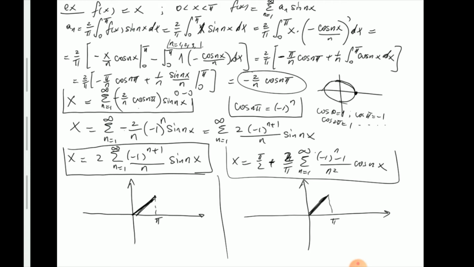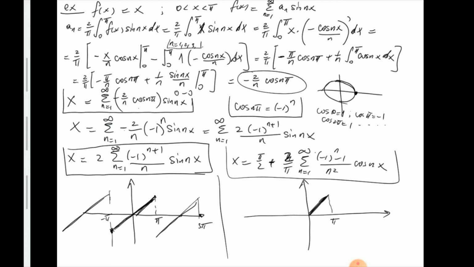On the other hand, the first one, the Fourier sine series, also covers or represents the odd extension of this. Odd extension means that half reflected over the origin, so that you have now a function between minus pi and pi, and of course the periodic extension. This will be 3 pi, for example.